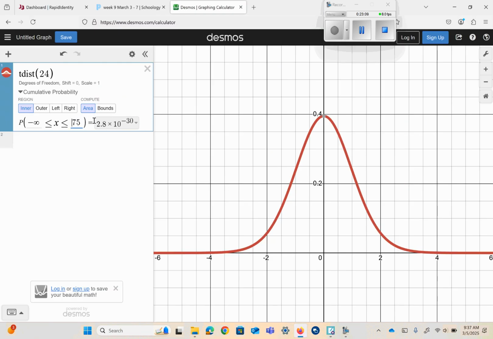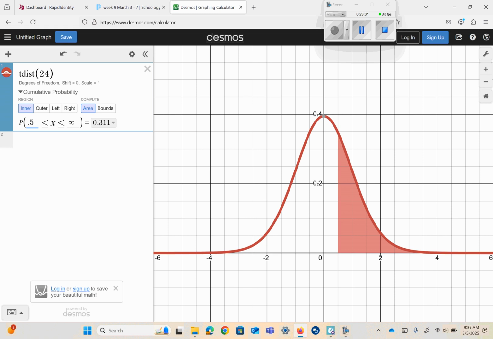All right, so I have to go one way or the other. So I'm going to make this infinity, and I'm going to make this 0.5. Ooh. So my friends, how many tails is this? Two.